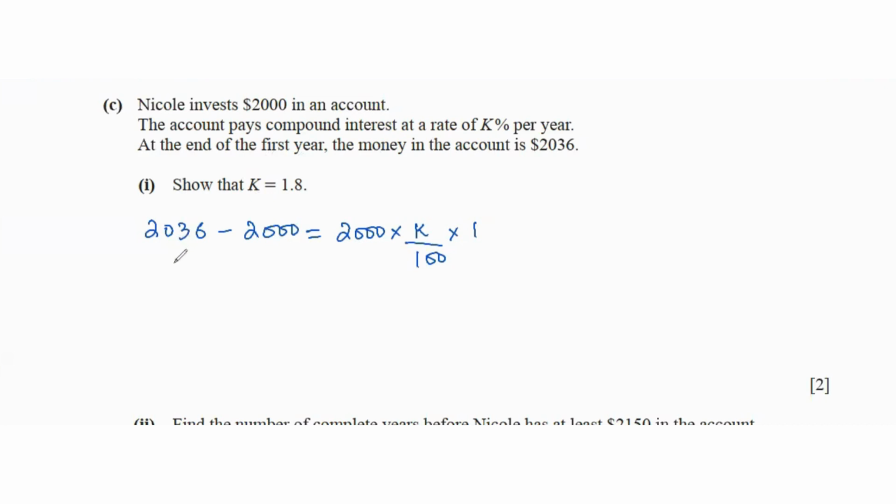So 2,036 minus 2,000 is 36. 2,000 times K over 100 is 20K. So 36 divided by 20 equals 1.8%. That is the rate of interest.